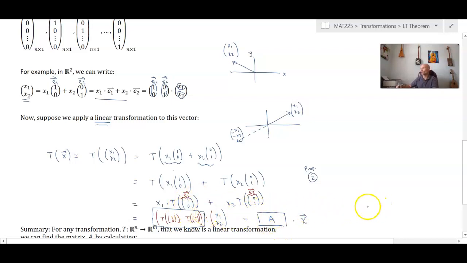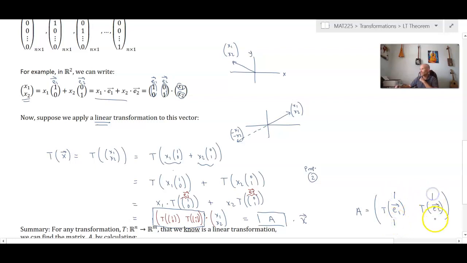The 2 boxes are the same matrix. And so to find the matrix that will perform the linear transformation that I want, I would write A equals the transformation of E1 and the transformation of E2. These are separate columns.